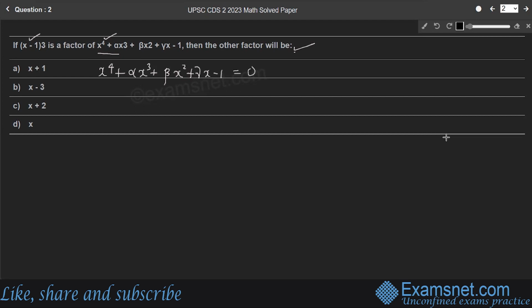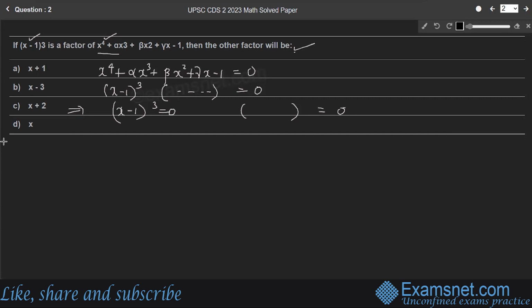This polynomial can be expressed as a product of two or more factors, in which one of the factors is x minus 1 raised to 3. So this can be expressed as a product of two factors equal to 0, that means x minus 1 raised to 3 is equal to 0 and another factor is equal to 0.